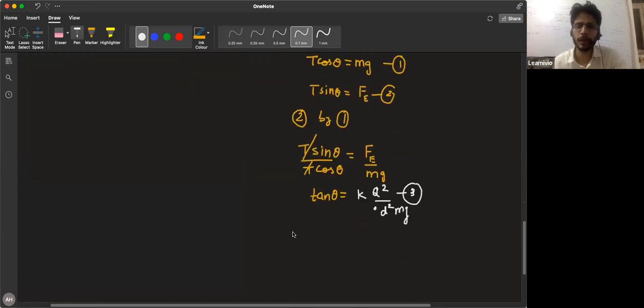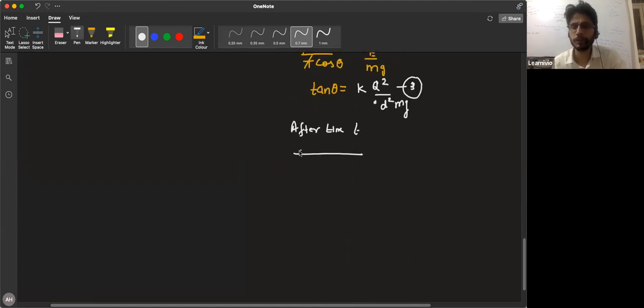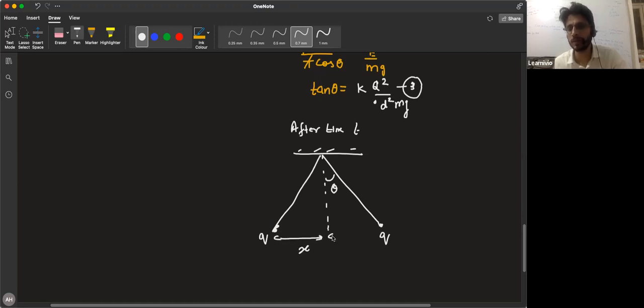See, after some time t, the separation has changed. Say this is charge q, this is another charge q. Earlier the separation was x, but now the separation has changed, let's say 2x, x and x.